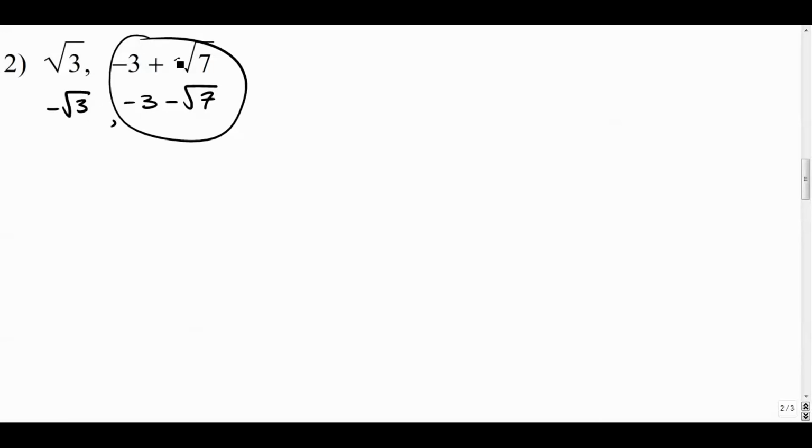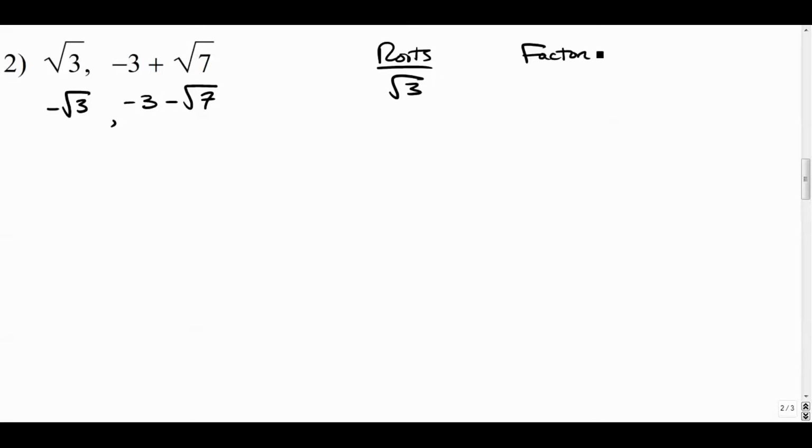These two go together, so you keep the number out in front and you change the sign right here. Those are conjugates, they're partners. And let's make a little list. The connection is really important between roots and factors.